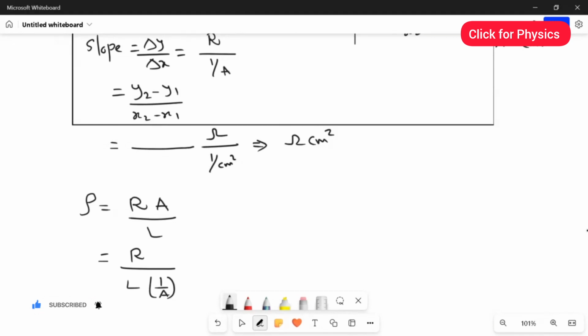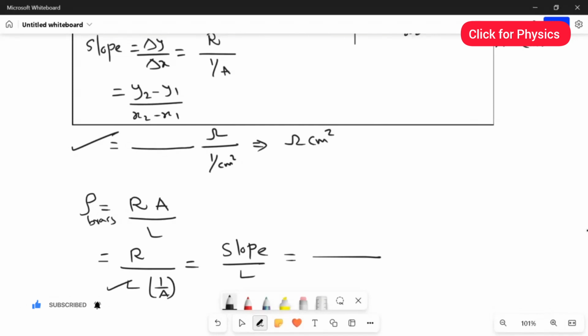Because R over 1 over area is our slope, I can write this equation as slope divided by length. After you substitute the slope value and the value of L, because for the second table we kept the length constant at 24 centimeter, we will get the answer for the resistivity of the brass wire. Clear? So this is our resistivity of the brass wire.